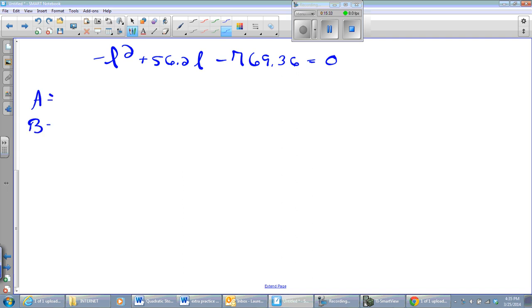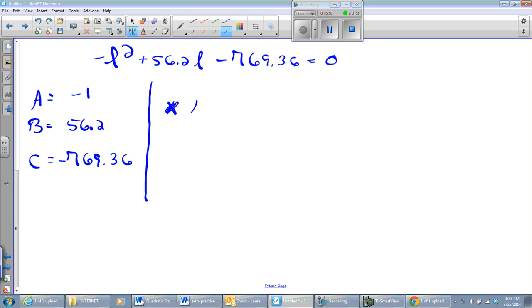A, B, C, easy as -1, 56 and 2/10, negative 769 and 36, and I'll go into the quadratic formula. Should I get a negative in the discriminant, I'll know that this is not possible. There'll be no solution. I won't, because I prepared the problem ahead of time, but I'm going to go ahead and do it.